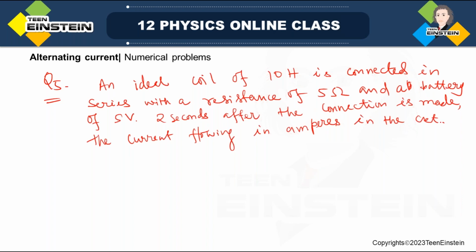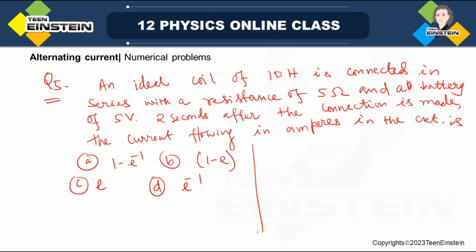Options are: option A is 1 minus e to the power minus 1, option B is 1 minus e to the power 1 minus e, option C is only e, option D is e to the power minus 1.